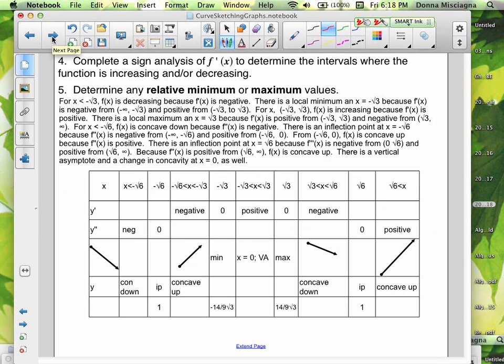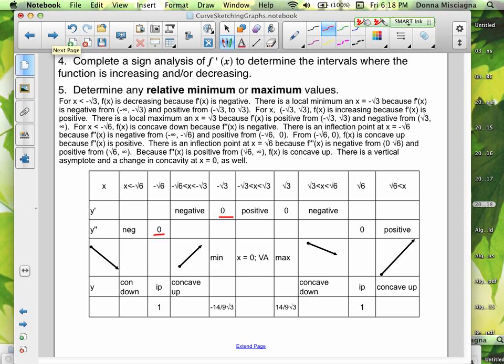Then from negative square root of 6 to negative square root of 3, that's where we had a critical point for the first derivative. I'm summarizing all the information on one sign chart.